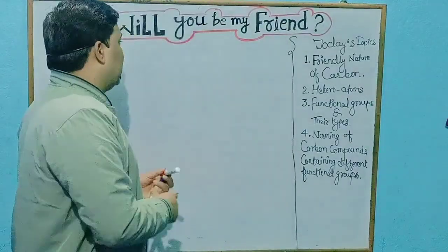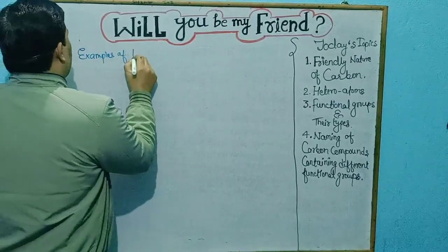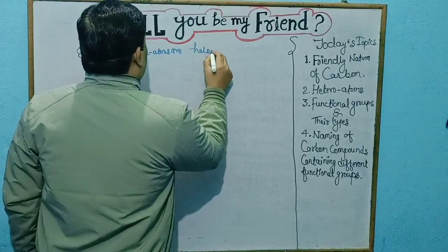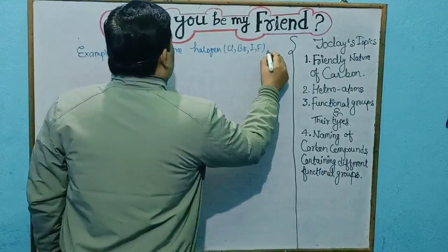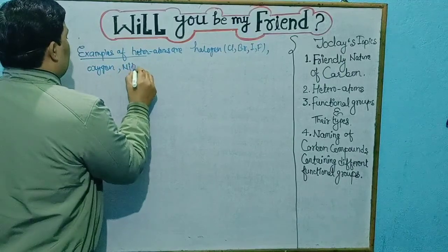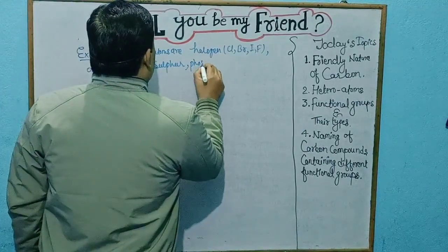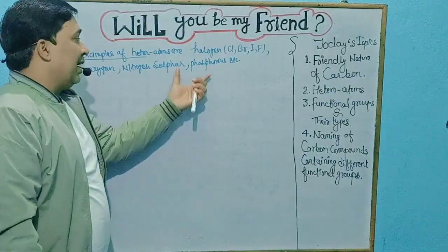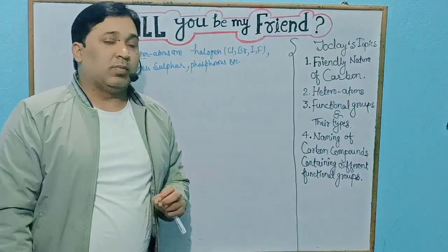Examples of some of the heteroatoms are halogens, that is chlorine, bromine, iodine, fluorine, etc., oxygen, nitrogen, sulfur, phosphorus, etc. So when the atoms of these elements get attached to a hydrocarbon by replacing hydrogen from it, it adds a specific property to the carbon compound, right?